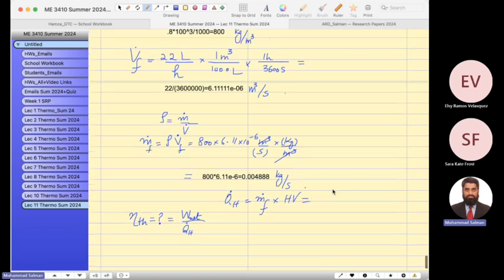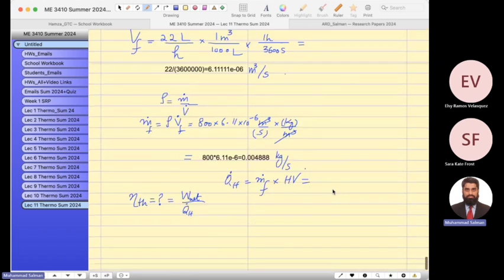In our problem, the data has been given, 44,000 is the heating value. So 0.004888 times 40,000. This is in kilograms per second, so you're left with kilowatts. So let me write down here kilowatts. 0.004888 times 40,000.